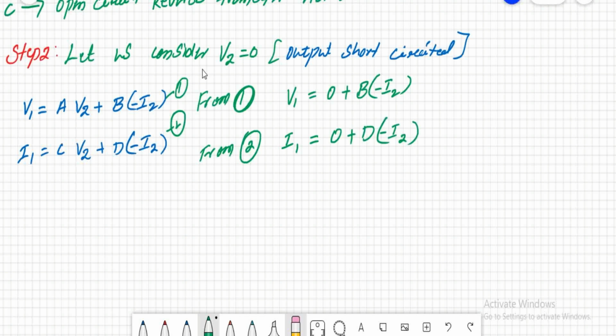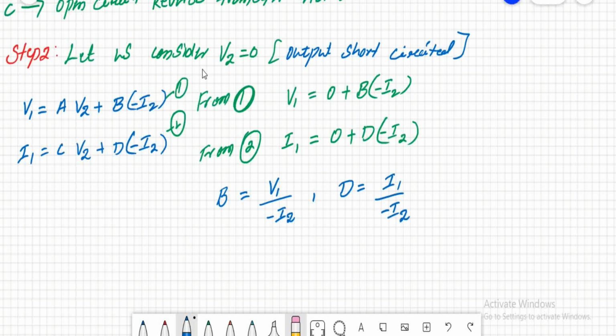So from this we can write B is equal to V1 by minus I2 and D is equal to I1 by minus I2.